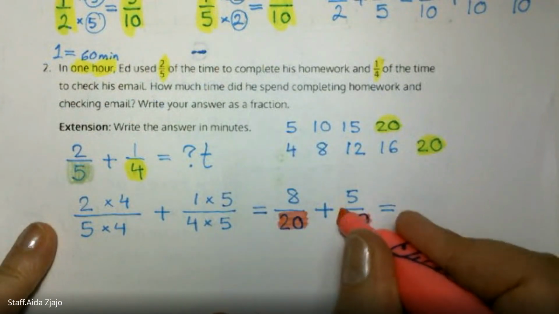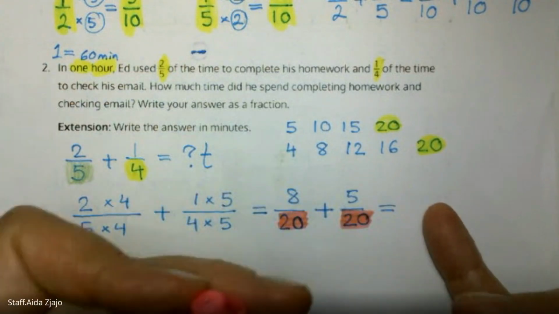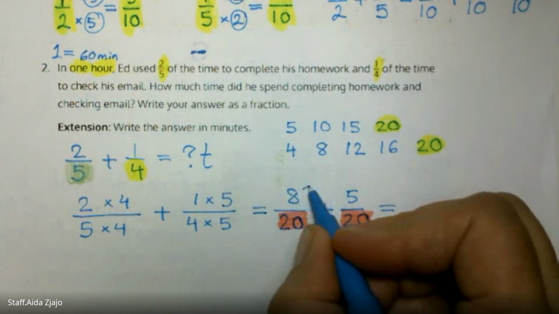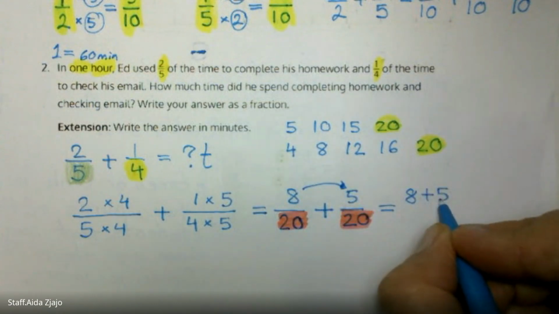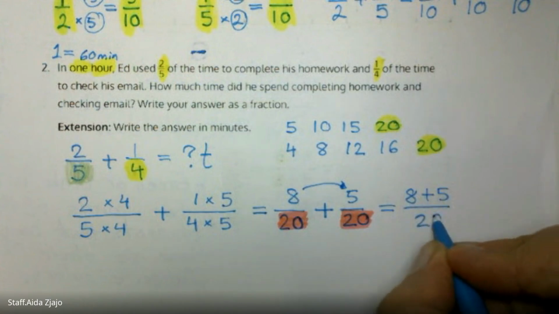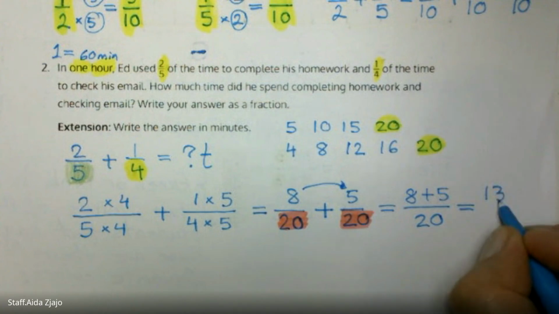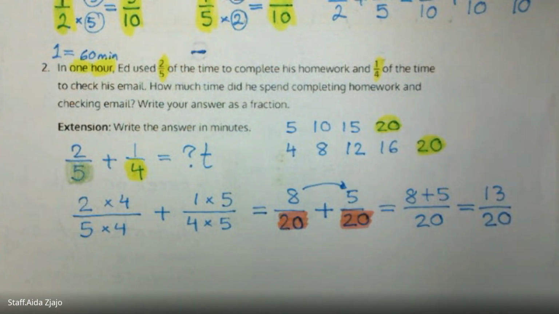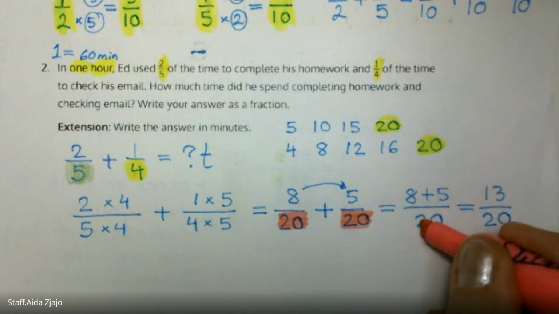both my fractions are now 20ths. Gonna make a pink color. I can add 8 plus 5. I add the numerators 8 plus 5 in 20ths. 8 plus 5 is 13. So 13/20ths of the time he spent working on email and completing his homework.